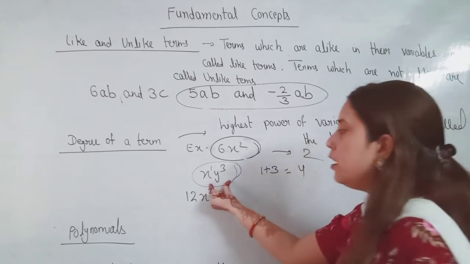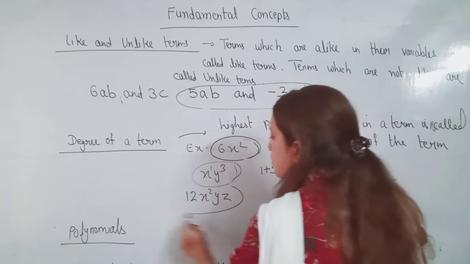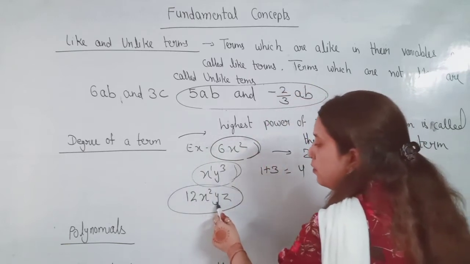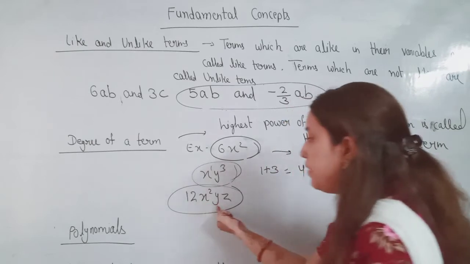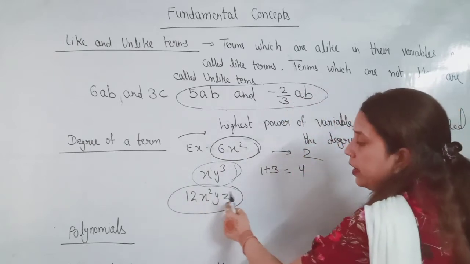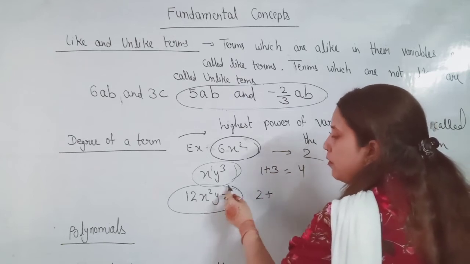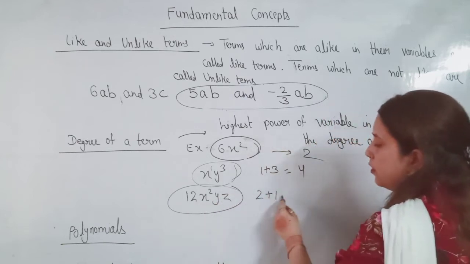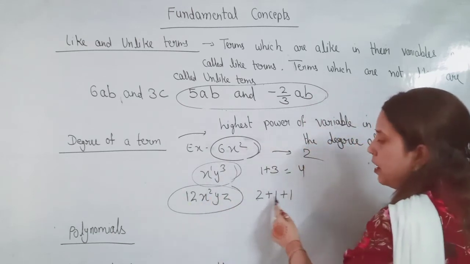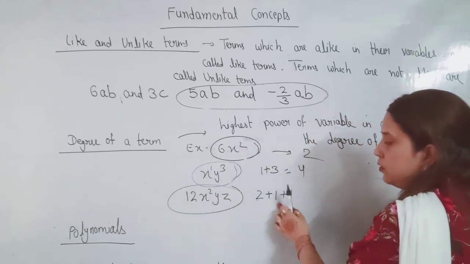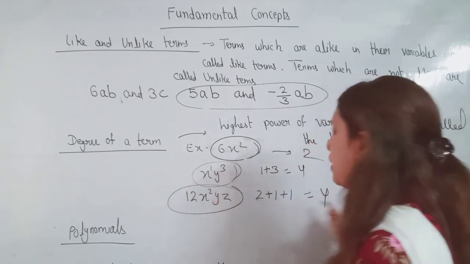Now move on to the next example, 12x square yz. In this term there are three variables, x, y and z. The power of x is 2, power of y is 1, power of z is 1. So the degree of this term will be 2 plus 1 plus 1, that is 4.